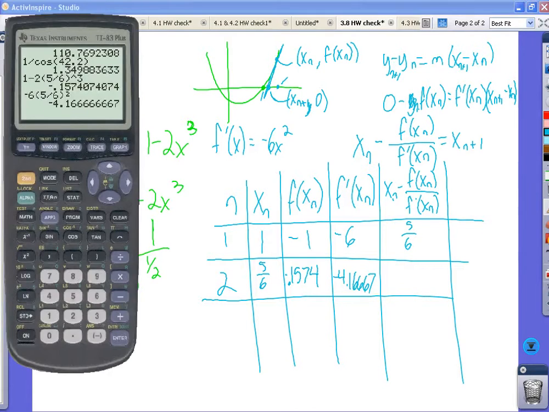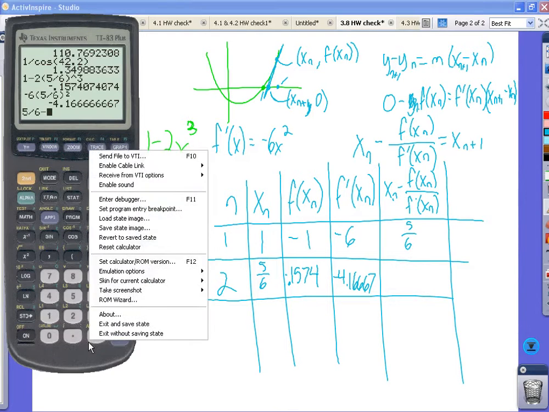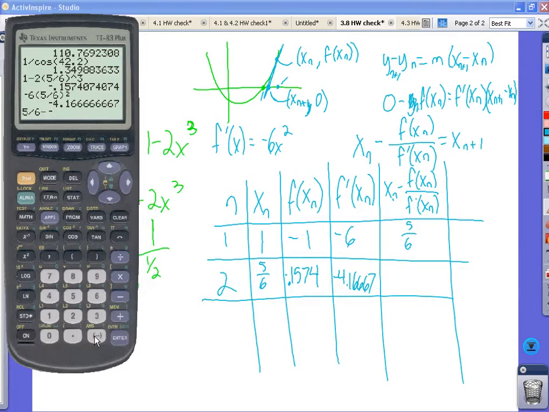Okay. And now we'll take 5/6 minus a negative 0.1574 over negative 4.1667, which is 0.7956.